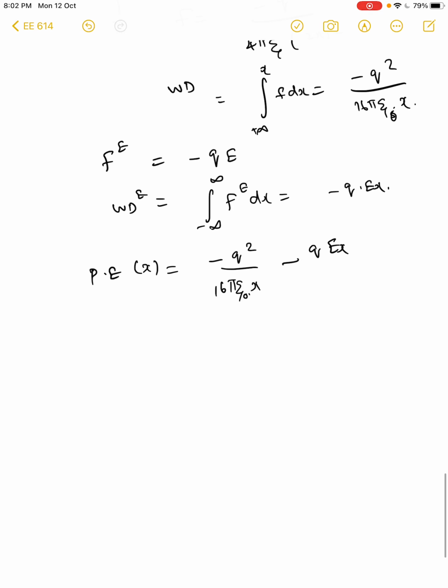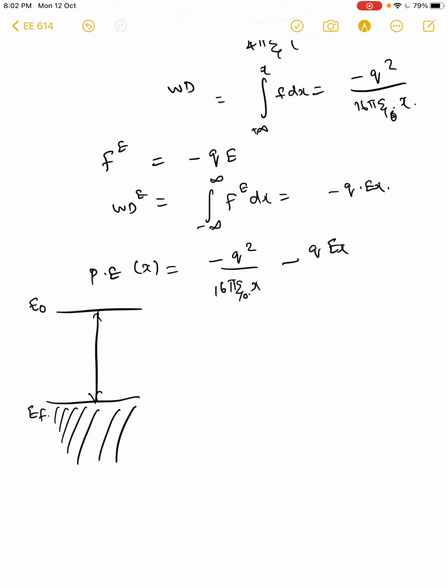So let us take an example of this metal sheet that we were discussing till now, and I have a Fermi level here, some vacuum level E naught, some work function q psi m. This was the ideal case, right? And this is the energy that is required to push an electron out of this, or it is the work done in taking an electron from the Fermi level of the metal to infinity.